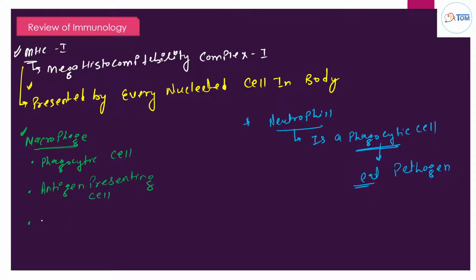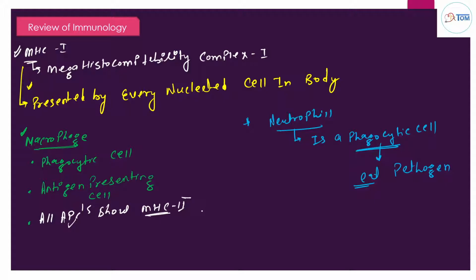So let me write it like that. All APC shows MHC2. That means all APC, meaning antigen presenting cells, show MHC2. So the MHC2 molecule is expressed by all kinds of antigen presenting cells. Please, this is something which you must know.